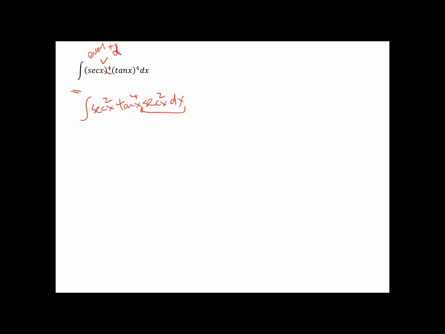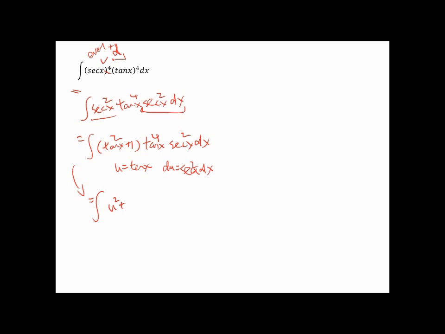I put the squared with the dx, and then use my key formula to rewrite the secant: tangent x squared plus 1, tangent x fourth, secant x squared dx. Substitution: u equals tangent x, du is secant x squared dx. Plug in, which equals u squared plus 1 times u to the fourth du.